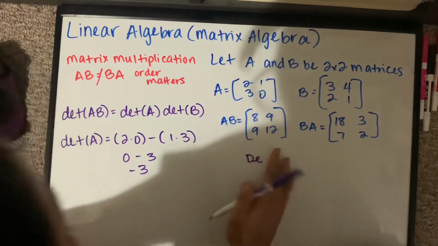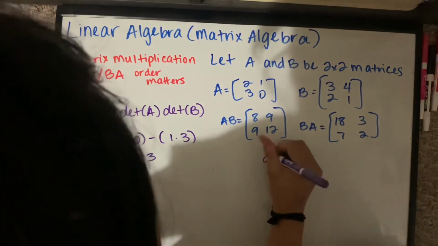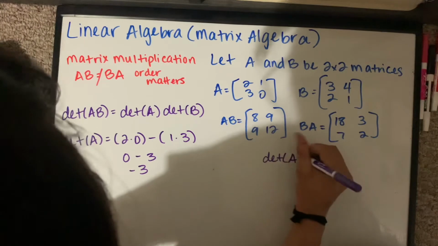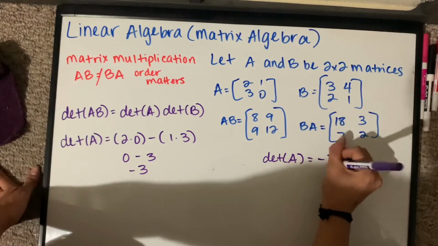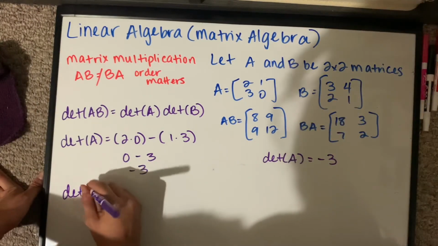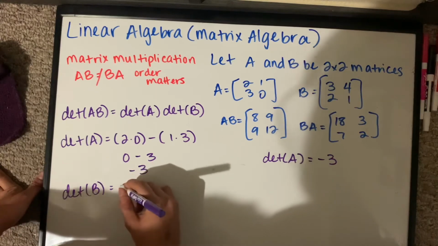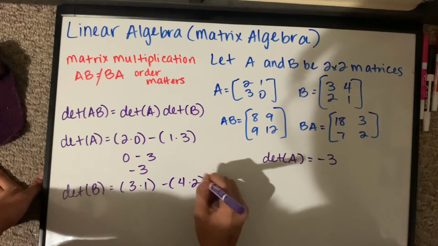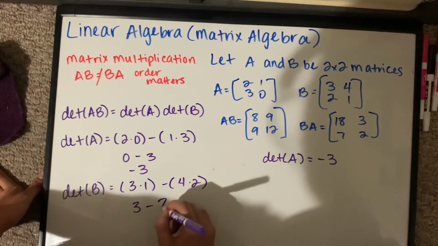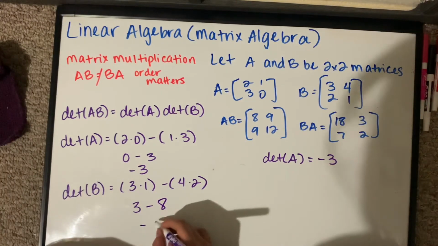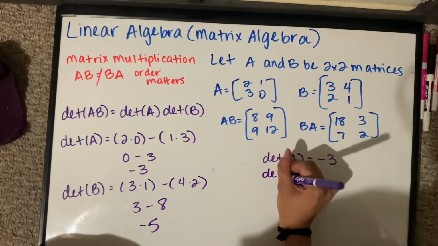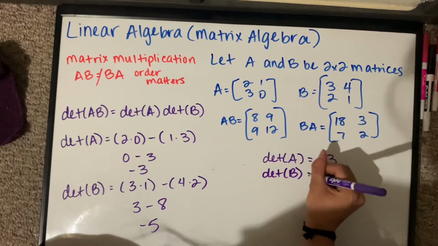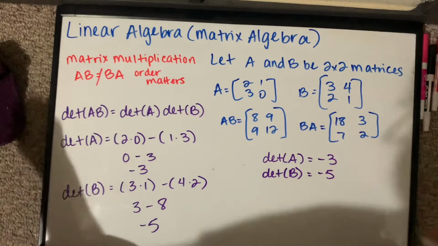I'm just going to write that over here. I'll use lowercase d. And then determinant of B is this, and that's going to get us -5. So I'm going to write that over here. Okay.